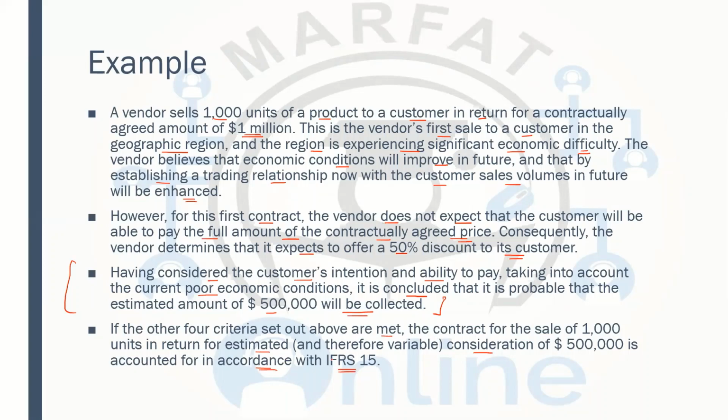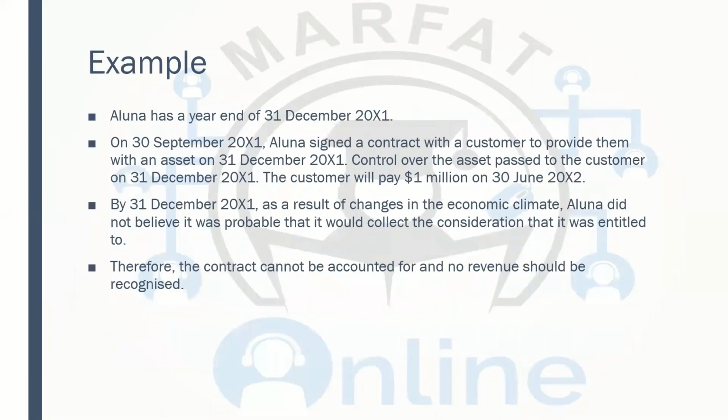So you need to record 500,000, not the full 1 million, because you expect that you will be receiving 500,000 for it. From the very first day you know you will be getting 50% payment, so you cannot record 1 million. You will be recording 500,000 from the very first day. This was example number 1.